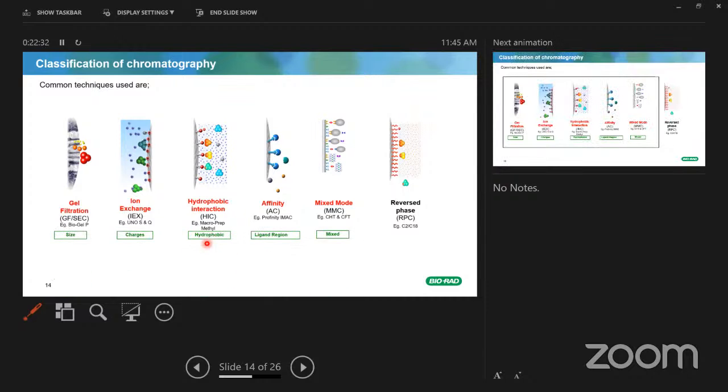As I told, gel filtration employs the size of the molecule. Ion exchange employs the charges. Hydrophobic interaction employs the hydrophobic character of the compound, the ligands situated on the compound. Mixed mode is between those, and reverse phase applies the hydrophobic characters more particularly for small molecules.